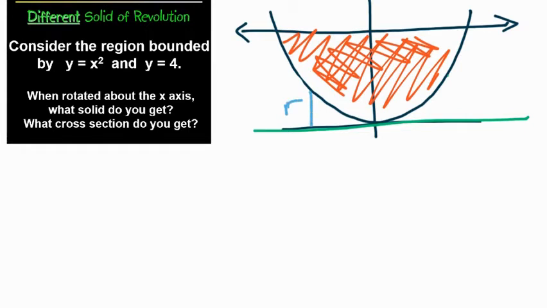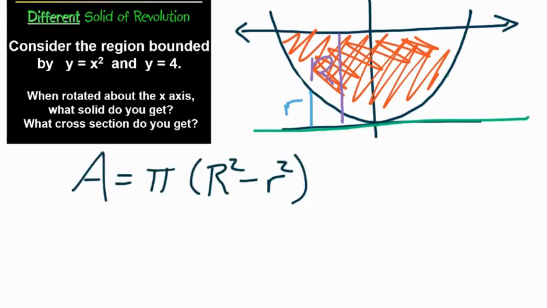We call it little r. Now, you'll still have your full radius, the radius of your circle, denoted here with this purple line, and we can call that big R. But again, when the region is not fully touching the axis of revolution, then you're going to have a washer, and you're going to need to use the formula pi big R squared minus little r squared.